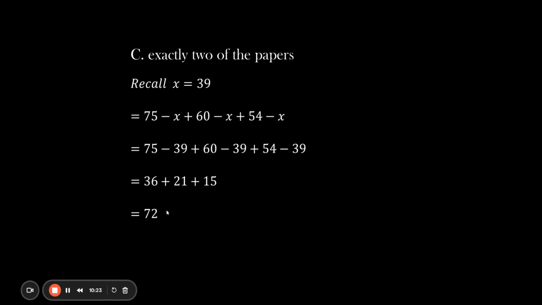You add all these numbers and we have a total of 72. So those that read exactly two papers are 72 of the 290 readers.